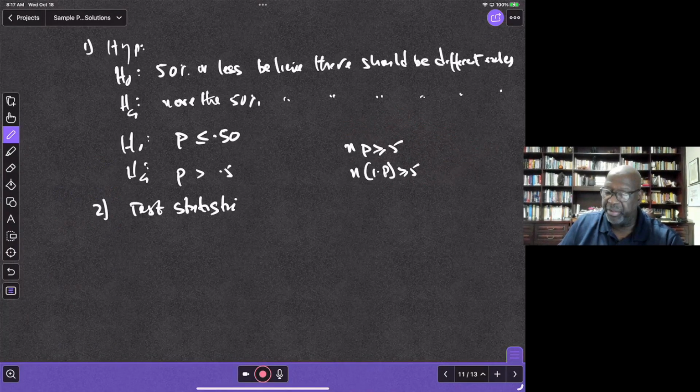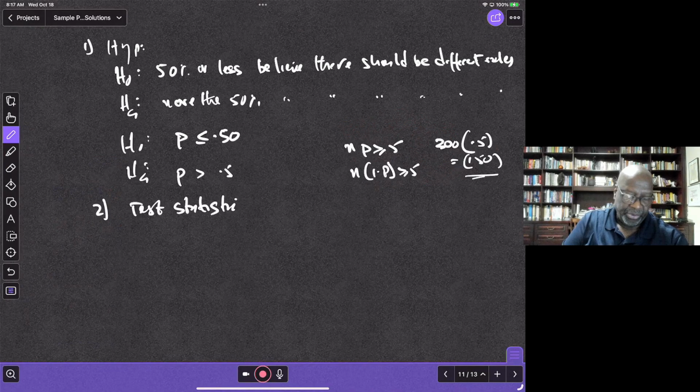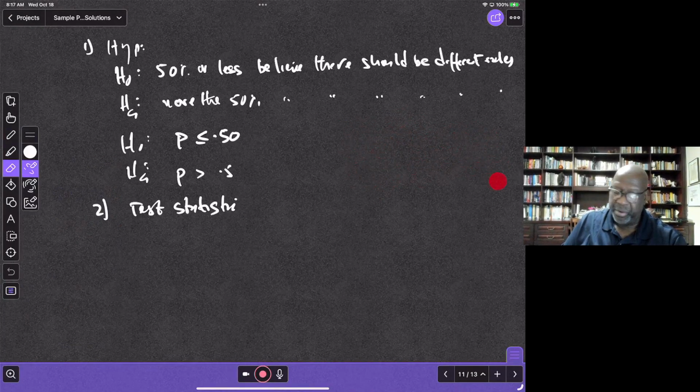In this case, n is 300, and with 50%, that's 150, which is greater than 5. And n times 1 minus p is the same value. So we're good to go with the normal approximation to the binomial.